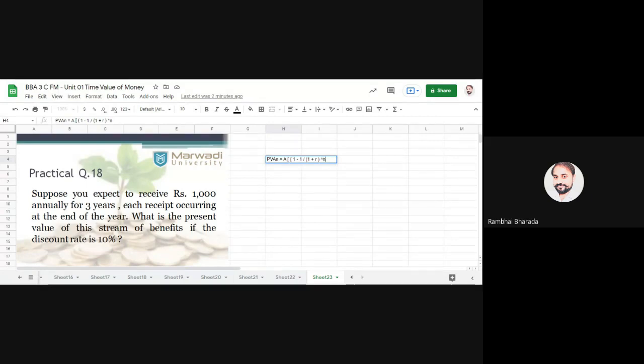Okay, this bracket over, now divided by r, main bracket over. Are we clear up to this?